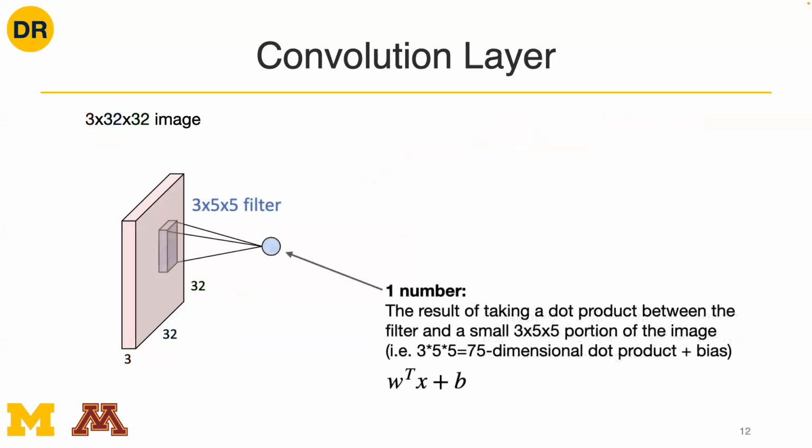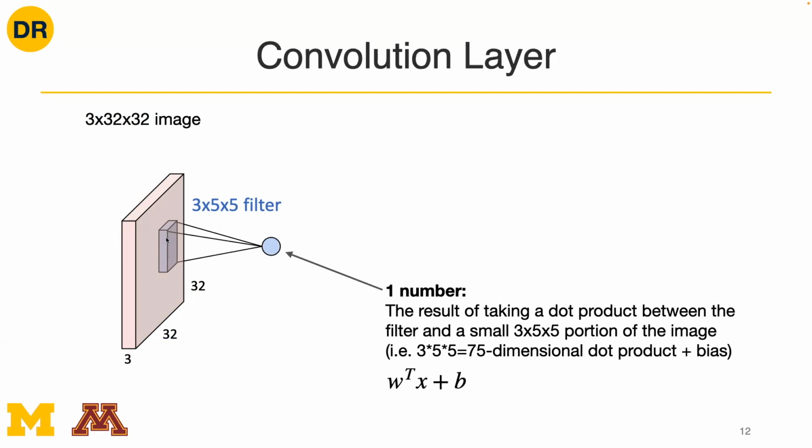The actual underlying operation of this sliding window, this convolution, is this: let's say that we're operating within a specific portion of our image, and we want to measure, for this portion of the image which is highlighted in the figure, how well is this feature being detected there? Like how well is maybe this edge being detected at this specific position? So we take our filter, align it with that sub-portion of the overall image, and then take the inner product between all of those overlapping elements, the elements of the portion of the image at this spatial position and the elements within our 3 by 5 by 5 filter.